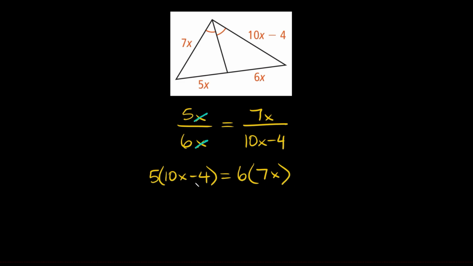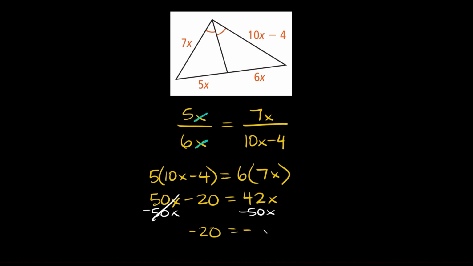Okay, now if we distribute, we're going to get 50x minus 20 is equal to 42x. Now let's get all the x's on the same side. So here we can subtract 50x from both sides. Then we get that negative 20 is equal to 42 minus 50, which is negative 8, so we get negative 8x.